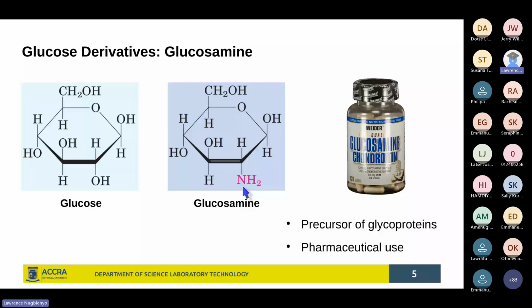And so if you have a glucosamine, it means that a protein can easily bind with this amine group with a peptide-like bond, that is with the carboxylic acid group at the C terminus of the protein that is coming to bind onto glucosamine. So that is how glucosamine can be a precursor for the synthesis of glycoproteins.